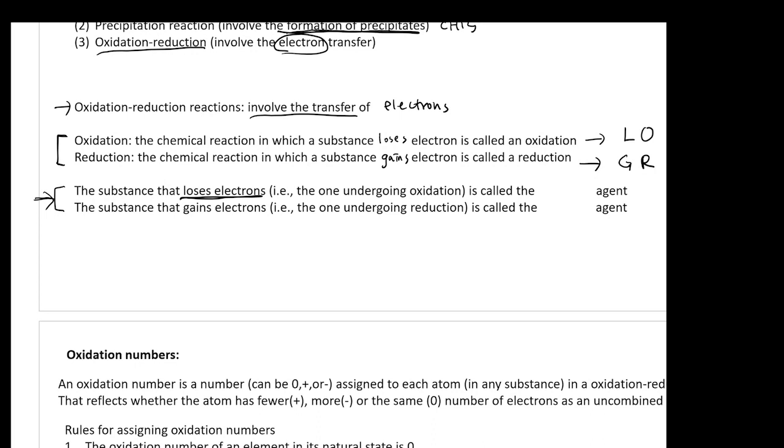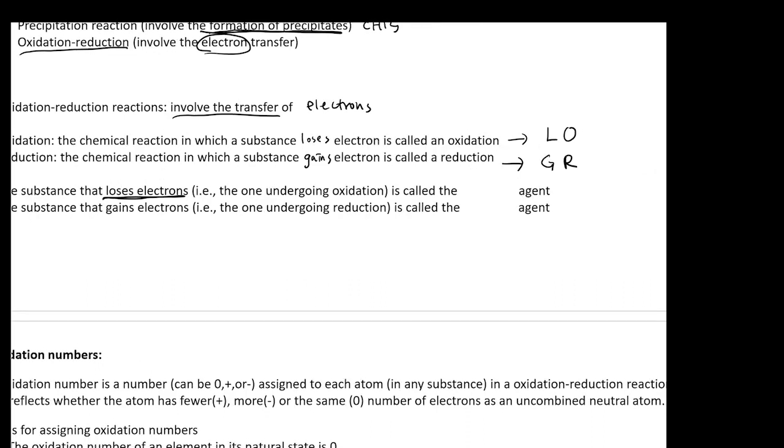So it lost electrons. It's going to give electrons to its interacting partner. Because it's giving electrons to the interacting partner, it's going to reduce the interacting partner. So this species is the so-called reducing agent.